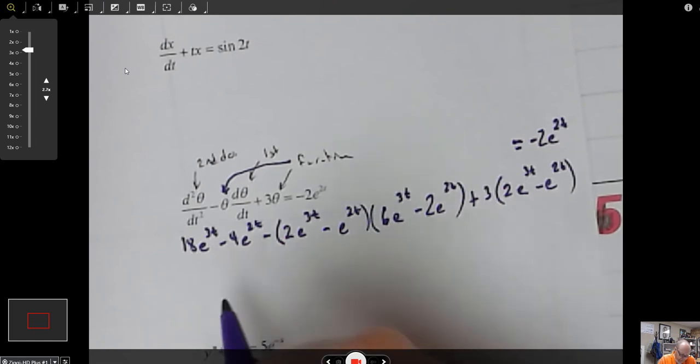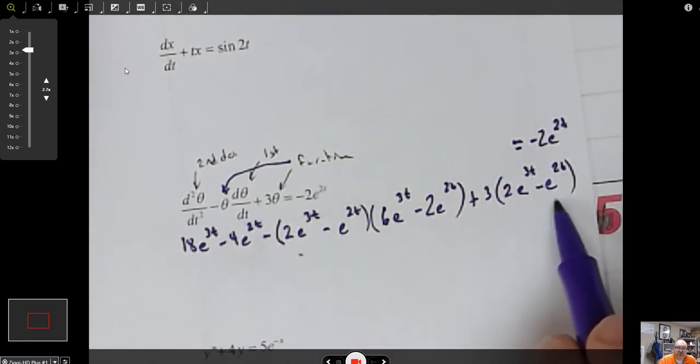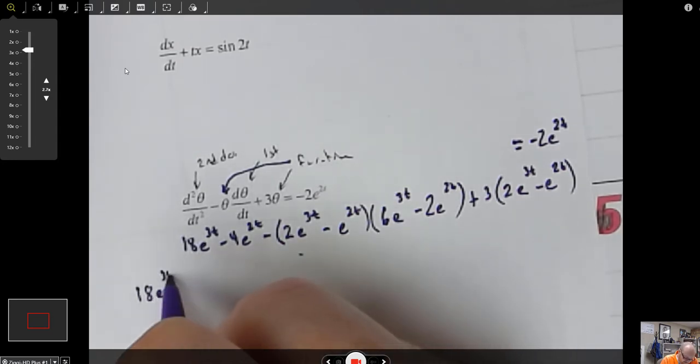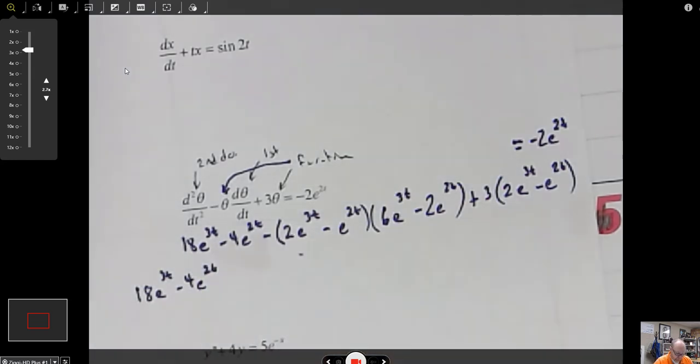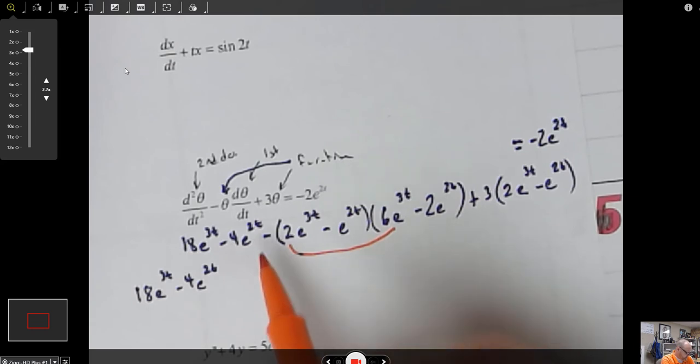So I've got several things to do. I need to multiply or FOIL all of this out. I need to do the multiplication here. Okay, so 18e to the 3t, 4e to the 2t. So I'm going to FOIL in the middle. I'm going to FOIL and take the opposite kind of in one step.